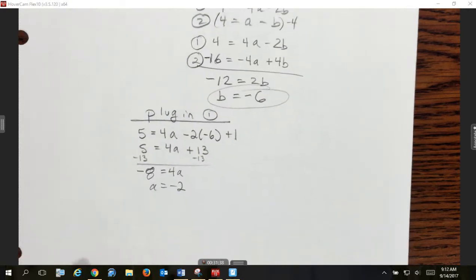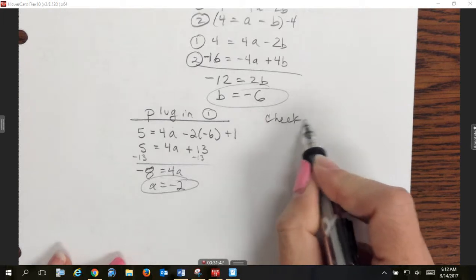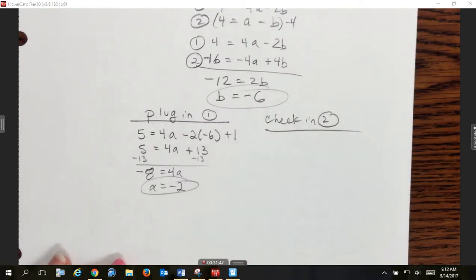I plug in 1 and I get A equals negative 2. We're going to check in 2. Don't really need to check in 3 because C is 1 and that one's kind of checked already.